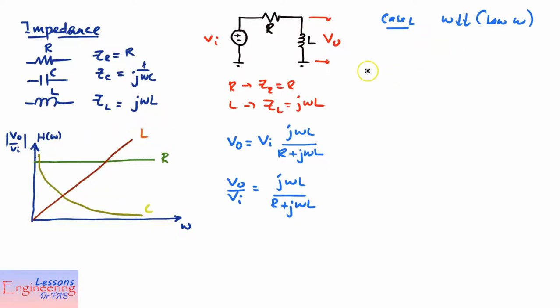For our inductor L, we can see that at low frequency we have a short circuit. If that's short circuited, then the voltage output across it will be very low. So V0 over Vi will almost be 0.